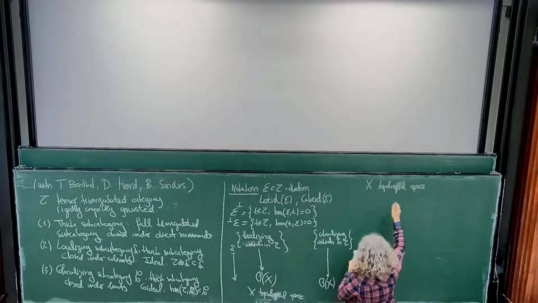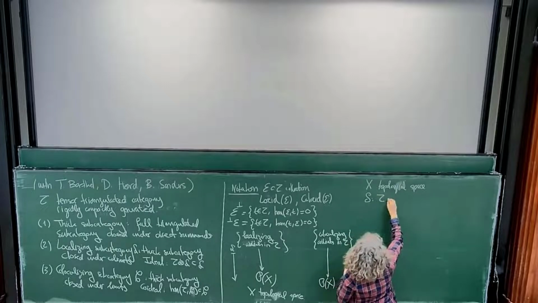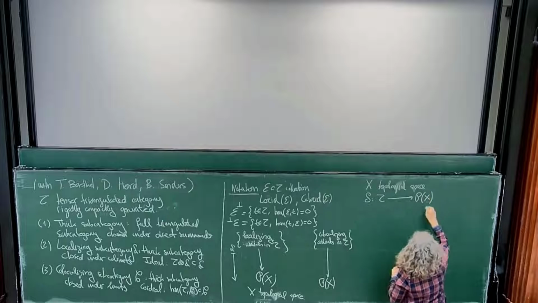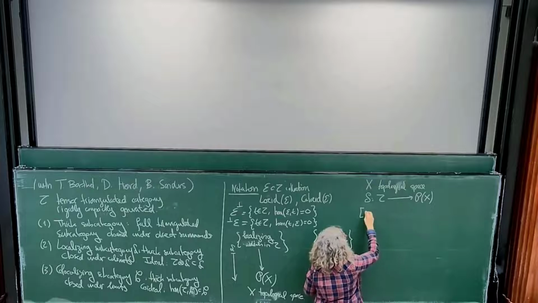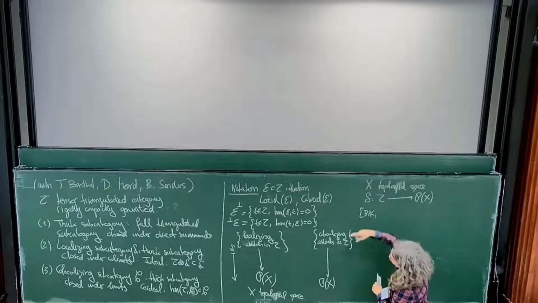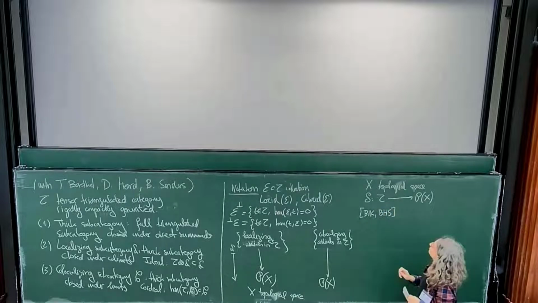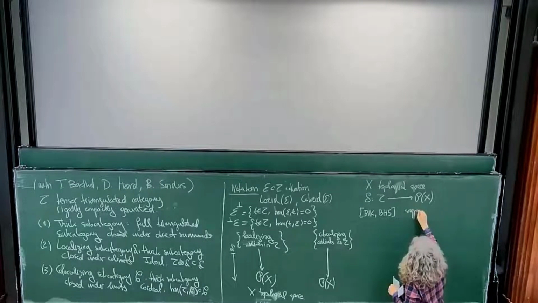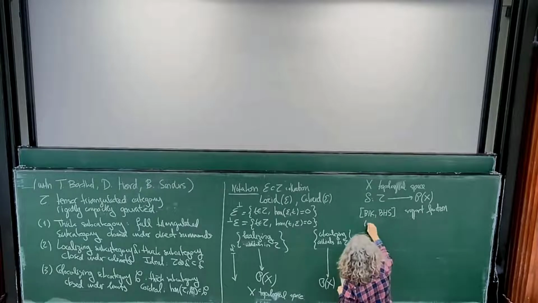So we have a topological space, and we have a function from T to the parts of X. This appears already in work of Benson-Iyengar-Krause, and was recently used in another context by Barthel-Heard-Sanders, and we'll say that this is a support function if it satisfies some properties.